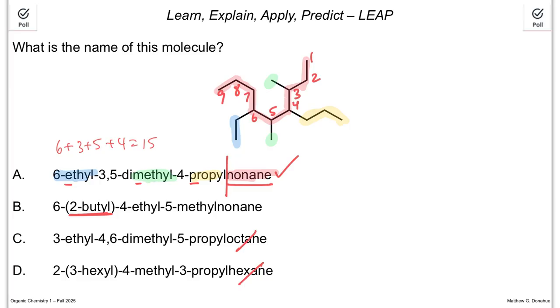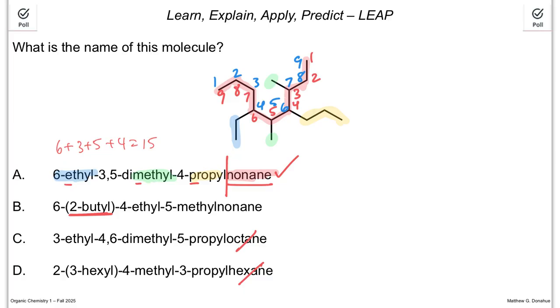Any questions? Yeah. How do you know that it does that 9 and not the other 9 molecule? So I'll try to do this in a different color here. So that would be the other way of doing it.